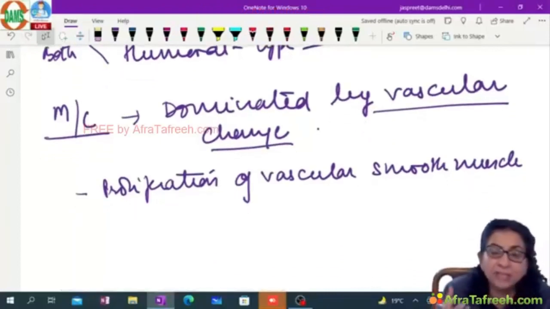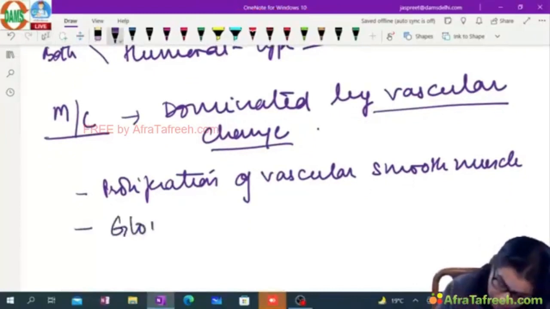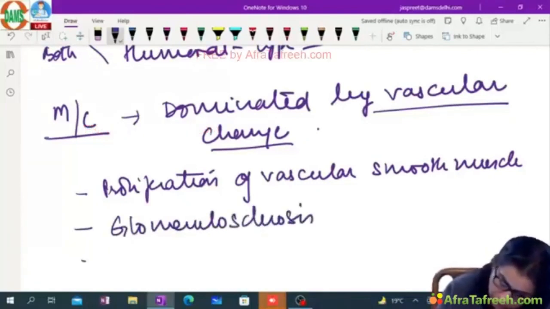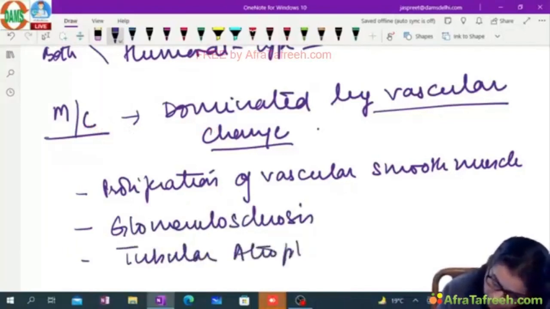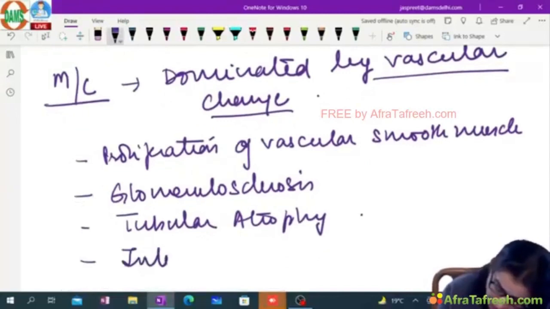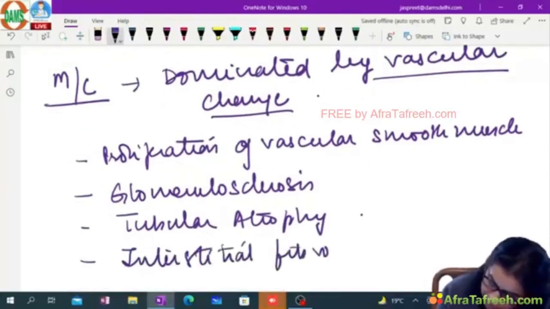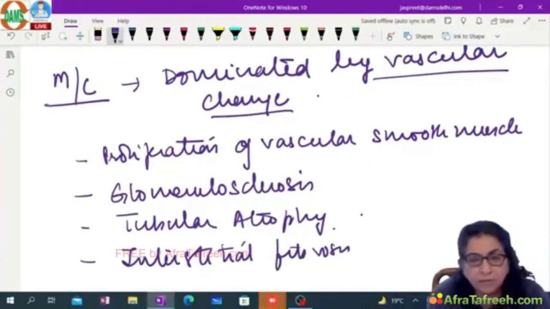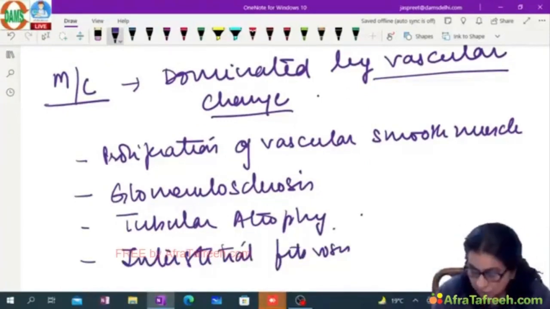Second, all the glomeruli undergo sclerosis. There is glomerulosclerosis. Third, tubules undergo atrophy. So there is tubular atrophy. Fourth, interstitial fibrosis. The interstitium of the grafted kidney undergoes fibrosis.